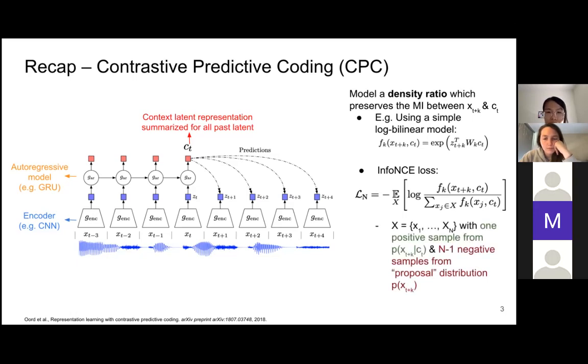So the big X here is a sequence of inputs where there's one positive sample from the conditional probability P of X_{t+k} given C_t, and there are N-1 negative samples from the proposal distribution. All right, so this is CPC, which is pretty popular.